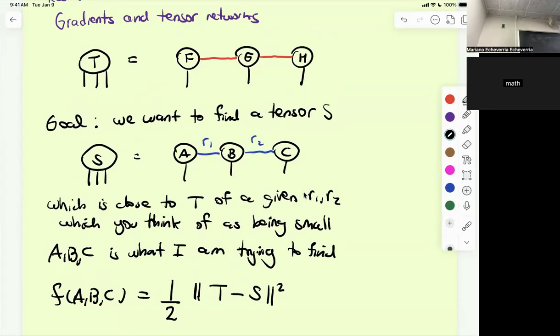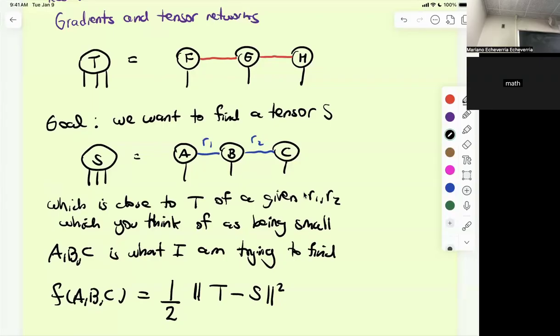Let me just write it like this. When you have the tensor, we regard it as a matrix, right? And then you would apply SVD, and it would give you the product of matrices. In tensor notation, the leg you're summing along takes values from 1 to R, so R is like the rank showing up in the SVD decomposition.